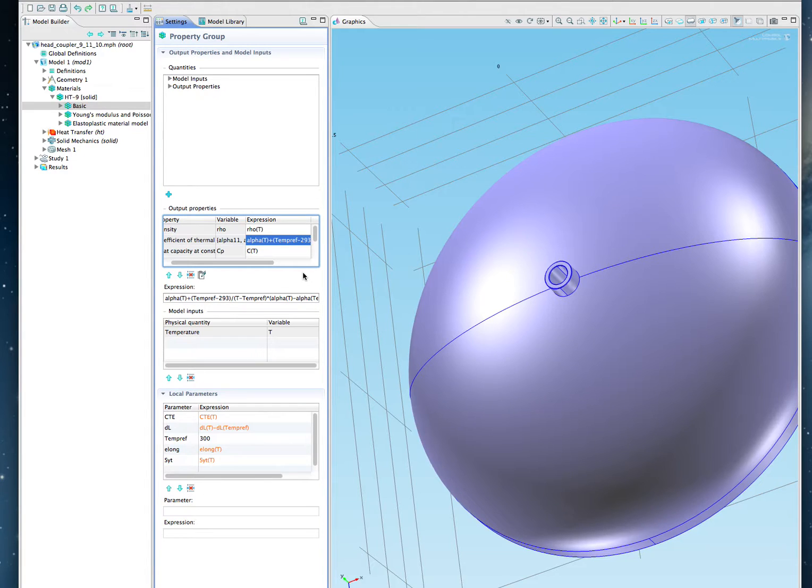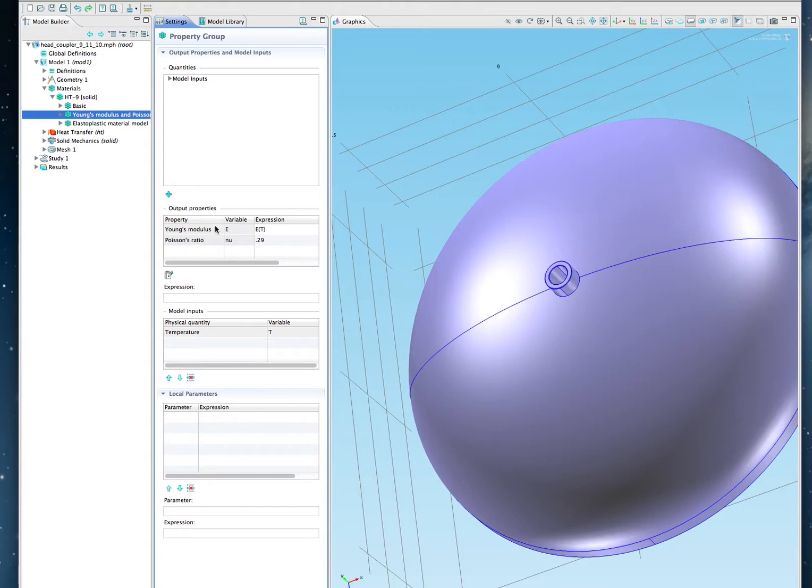And the expressions that you can write will be a function of whatever variable. Here, obviously, these are functions of temperature that you can define. So they're not constant. And then you go to the elastic properties. You have a function of temperature, and then the Poisson's ratio is constant.